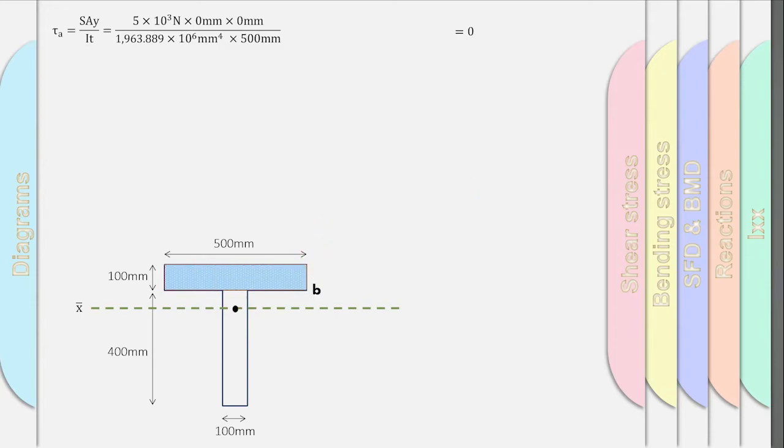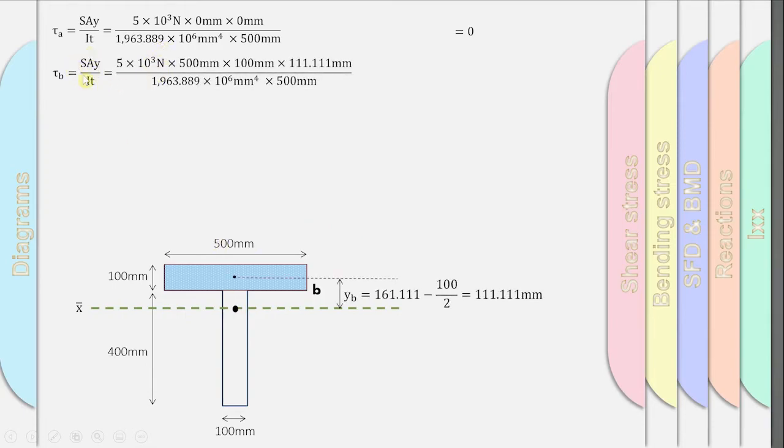And then for point B, the area shaded with blue color is the area above B. For point B, S is the maximum shear force, times 10 to the power 3 to convert kilonewton to newton, and then the area above B. How do you get the area above B? It is 500 times 100, all of the part shaded with blue color.